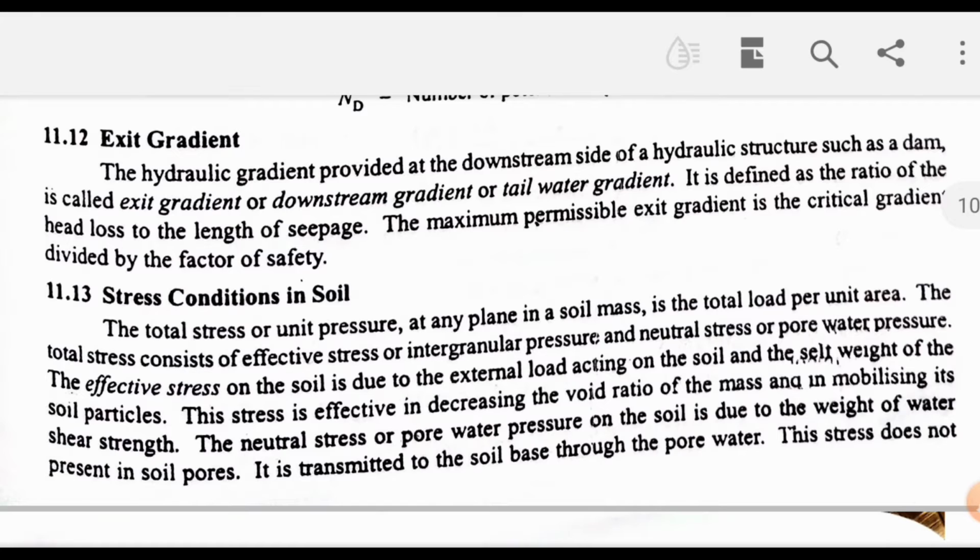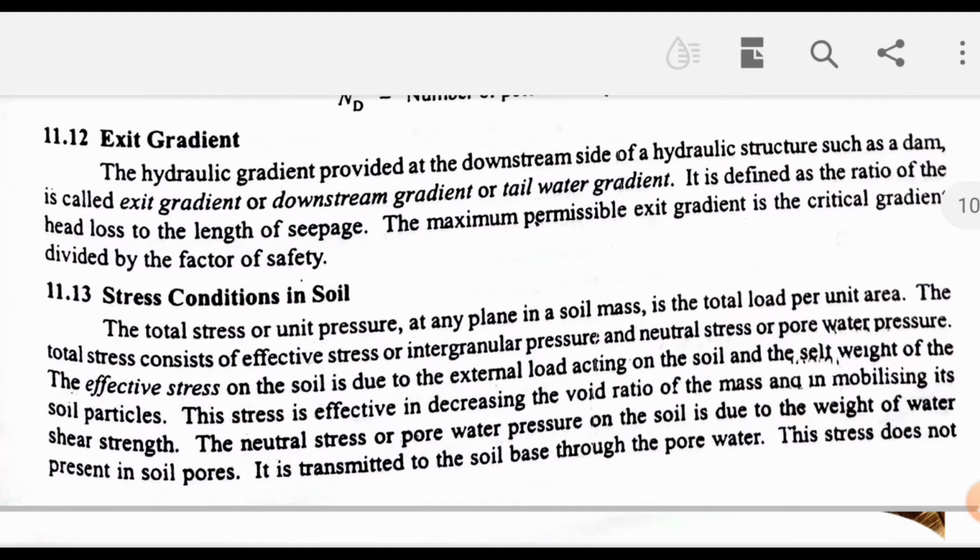The total stress consists of effective stress or intergranular pressure and neutral stress or pore water pressure.